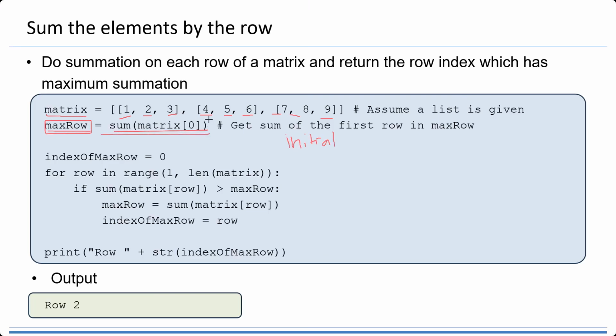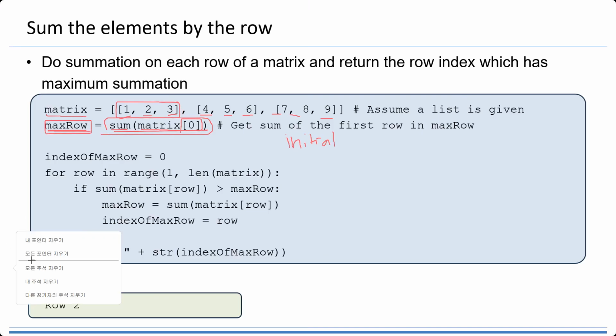I want to make sure that the maximum row has a value at the first time. So the value will be the sum of the matrix at index 0, which means the summation of this one.